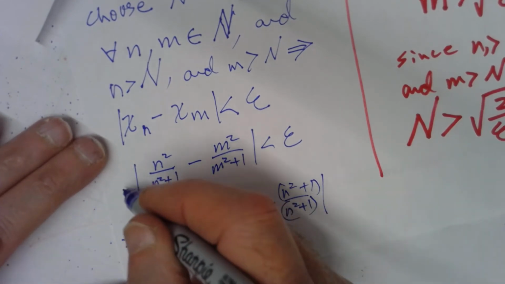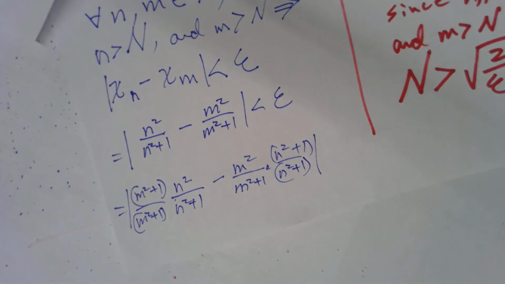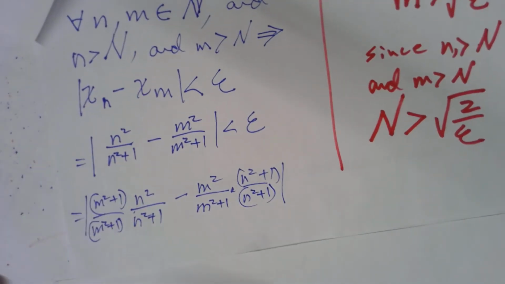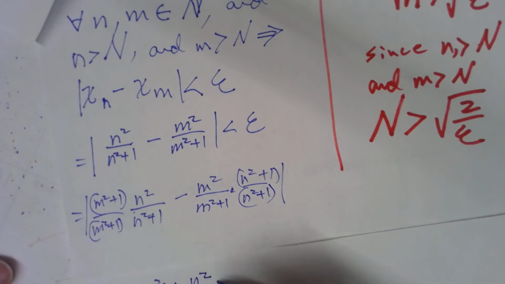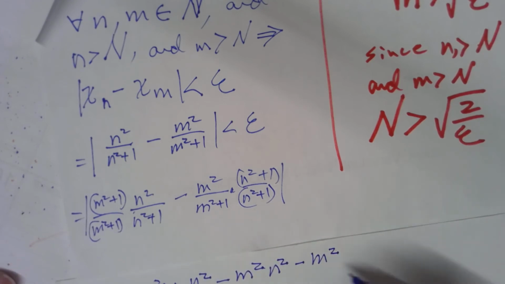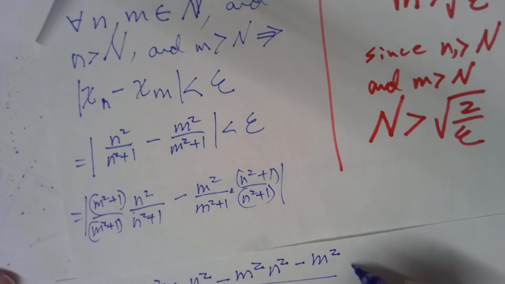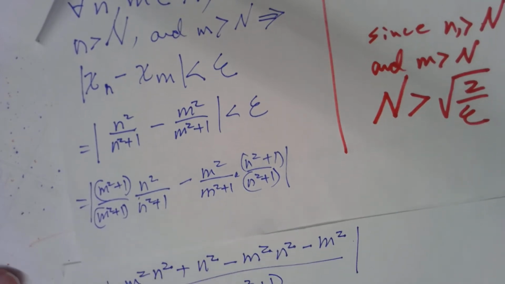Okay, and so we get m squared n squared plus n squared minus m squared n squared minus m squared, all over m squared plus 1 times n squared plus 1. That's equal.